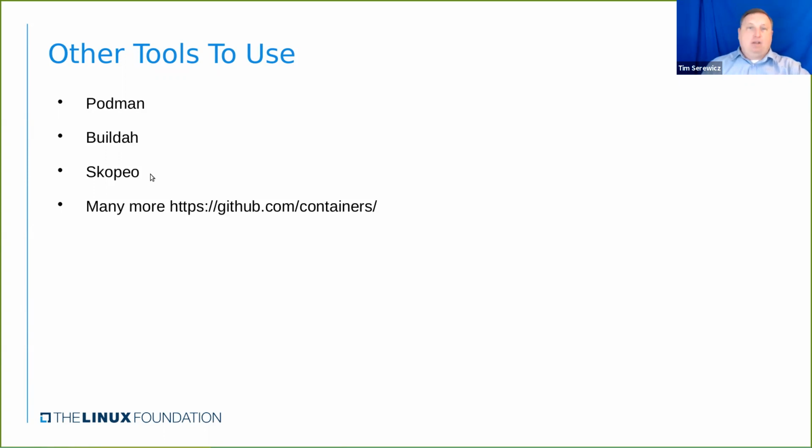Those three will handle a large portion of the tasks one would have typically needed to do with Docker commands. And there's more. There's 8 or 10, and of course the list is growing. If there's a functionality that Docker had or others have, you'll probably find it listed here in containers. So definitely check out those projects.